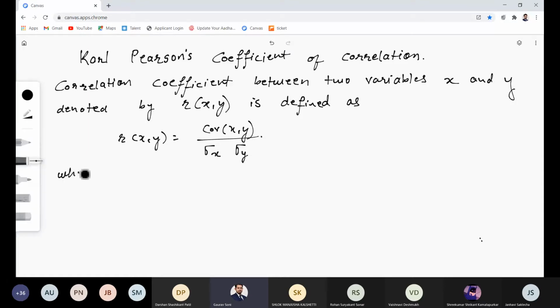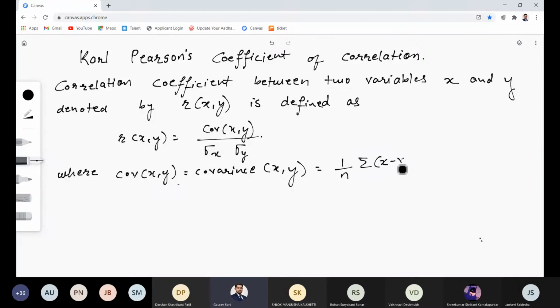Where covariance of x comma y, this is called covariance, let me write down the full form, covariance. So cov of xy is the covariance of x comma y, and it is defined as 1 upon n summation x minus x bar into y minus y bar.